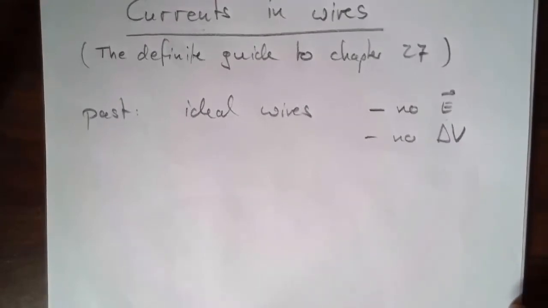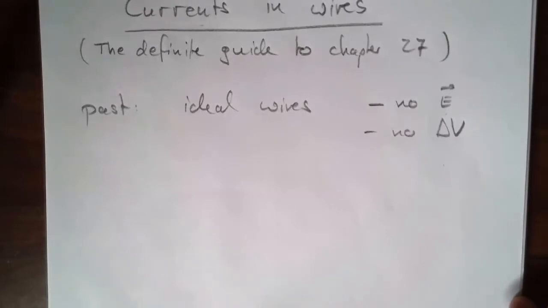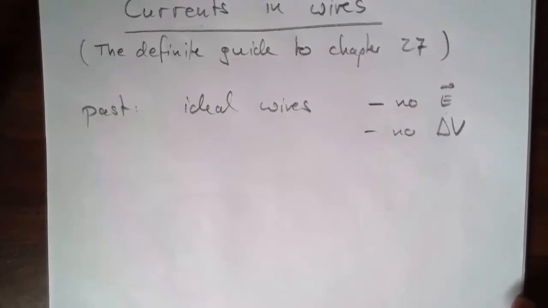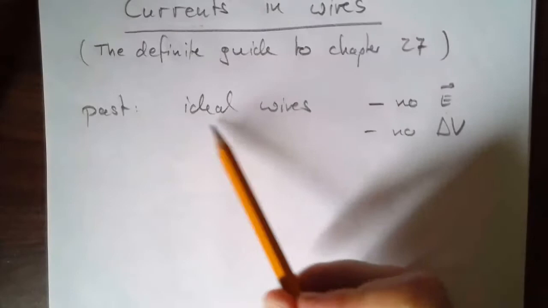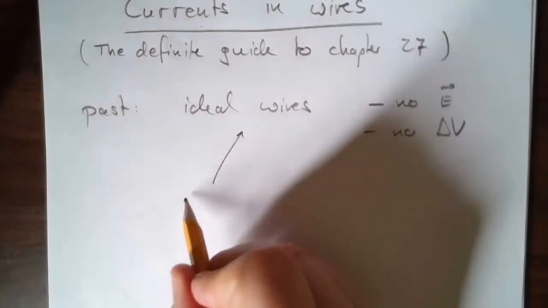Of course, realistic wires aren't quite like that. In many cases, we can approximate wires as ideal because the resistance in the wire itself is tiny compared to the resistance of the thing you're going to connect the wire up to, such as a light bulb, for example. Right? So ideal wires often a useful approximation.